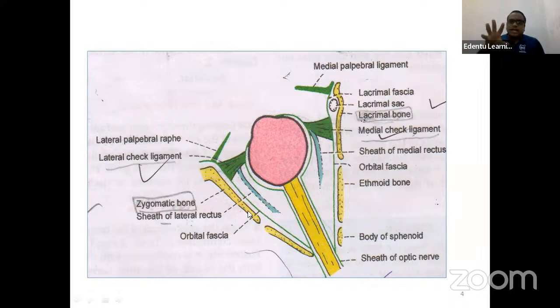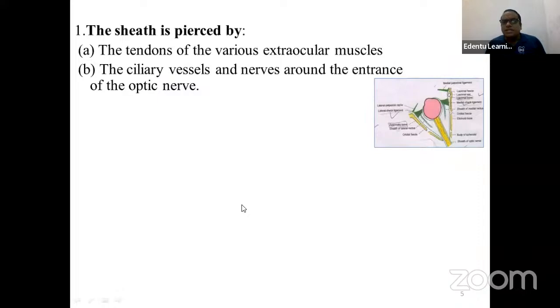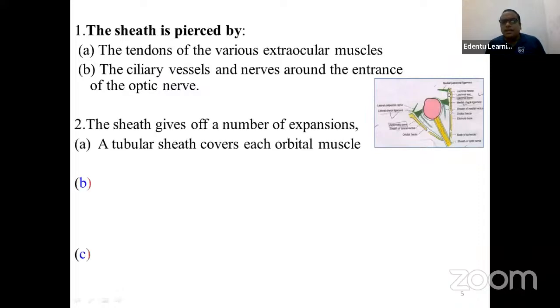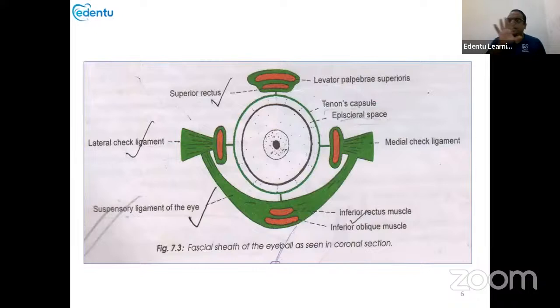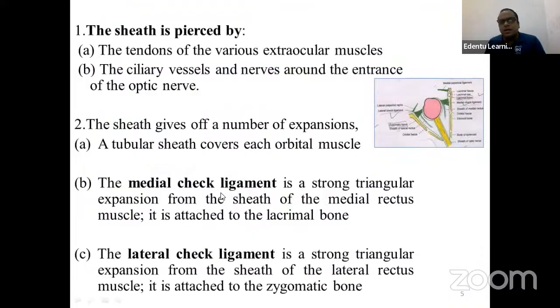So this diagram, we will change the direction now. Once you change the direction, the diagram will look something like this. We're just seeing from the other side, right? This is the diagram which will be there in your textbooks also. Now let us discuss the same diagram: medial check ligament, lateral check ligament.